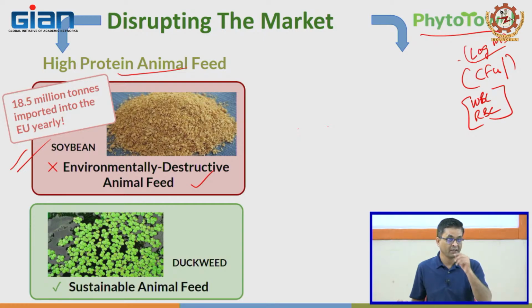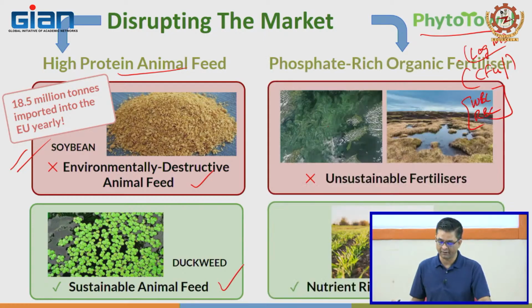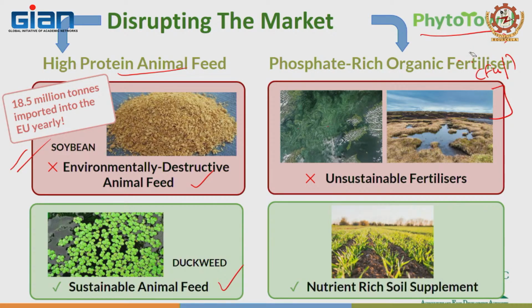So, we are disturbing the environment, whereas for this you do not need land. And for fertilizer, when you cultivate crops you have environmental degradation, whereas phosphorus, calcium and everything is recovered from the wastewater and goes into duckweed, which contains those minerals. So, that will supplement.